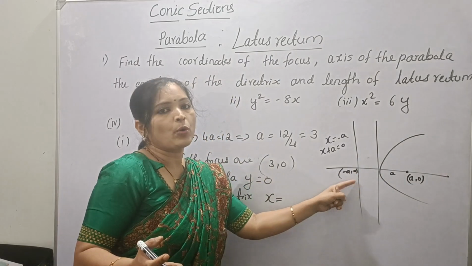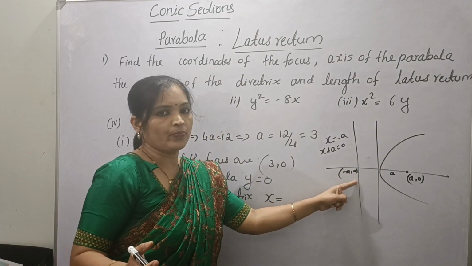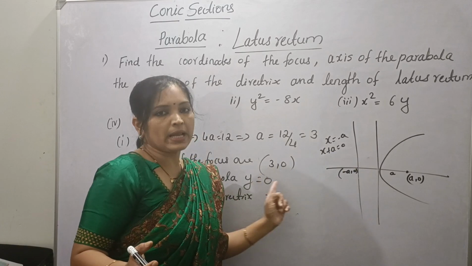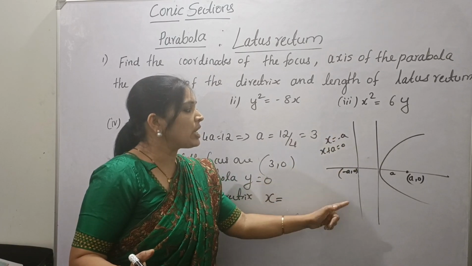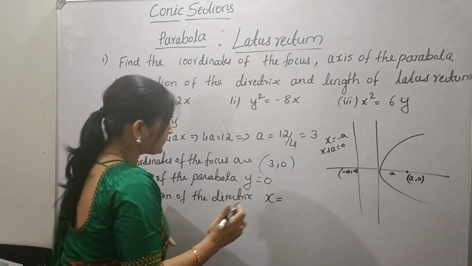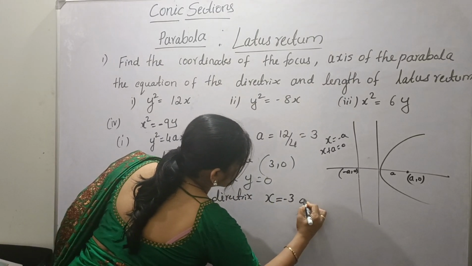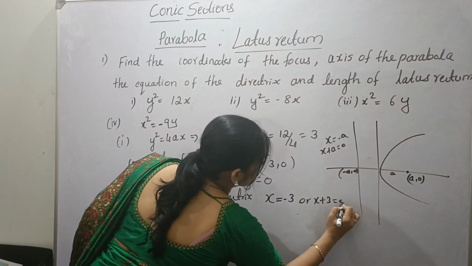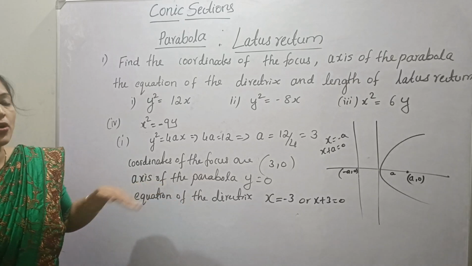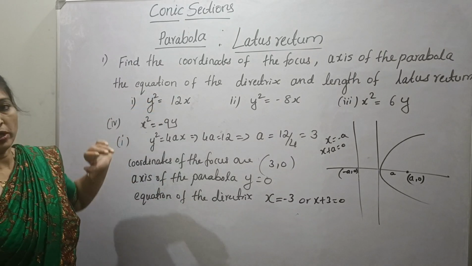So this point is (minus 3, 0). Therefore, the equation is x is equal to minus 3, or x plus 3 is equal to 0. It is the equation of the directrix of this parabola.